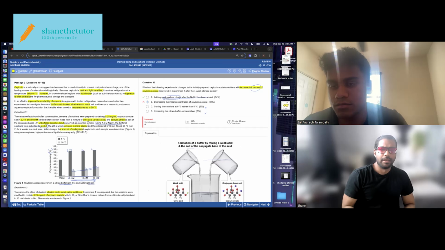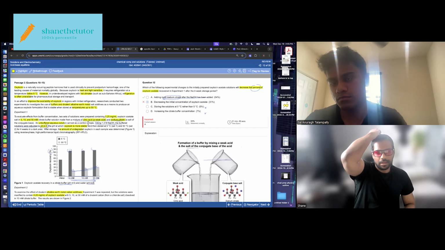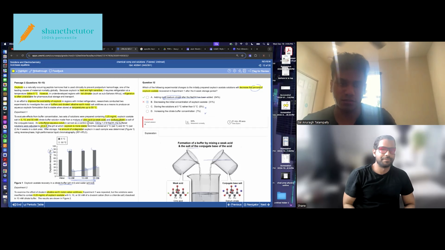But the idea is that you're not adding more buffer, you're just adding more base. And if you add more base, you're going to have a higher pH. And if you have a higher pH, you have a lower percent recovery. Okay, sounds good.